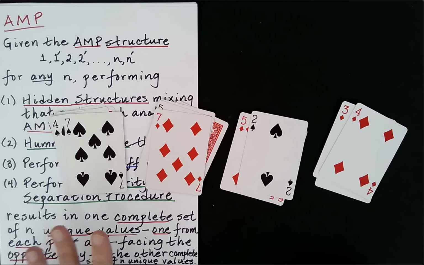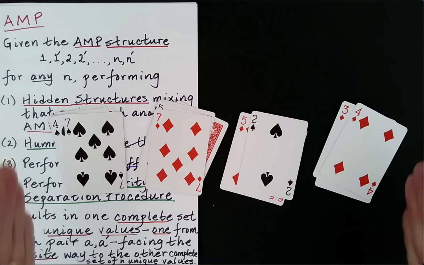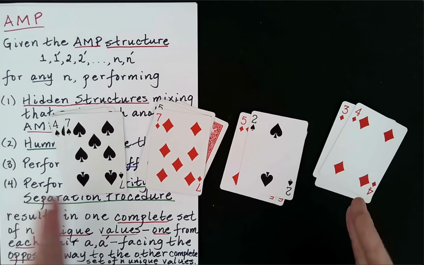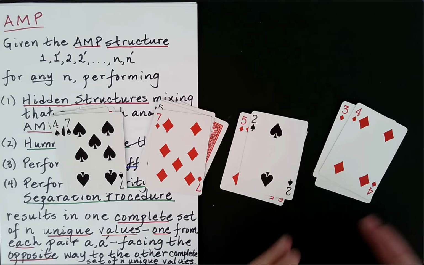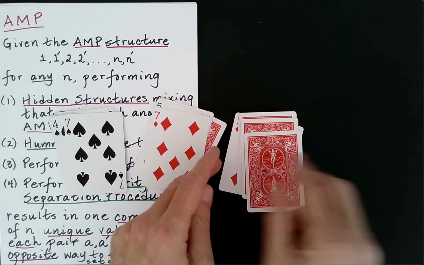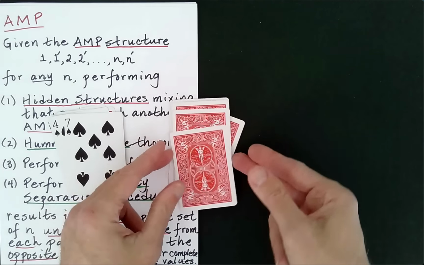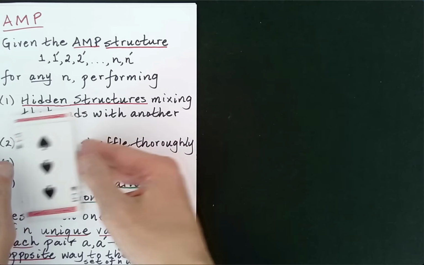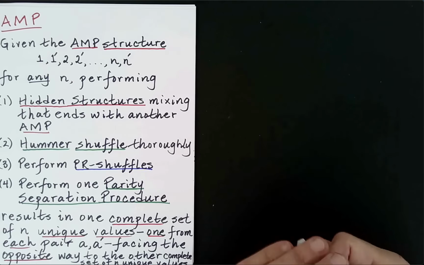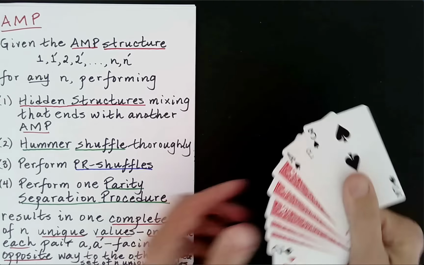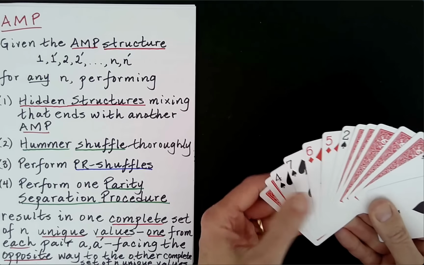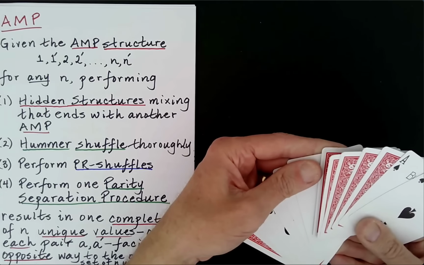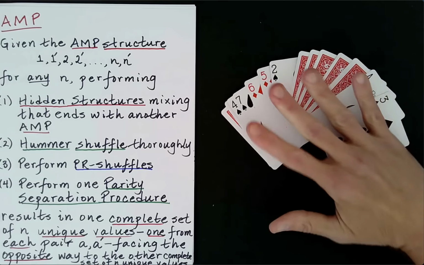But if I put out an even number of piles, that's the key, it won't affect the fact that this is going to be a parity separation procedure, okay? And so whatever conclusion we have down here is going to apply just fine. Okay, just make sure all the cards are out.